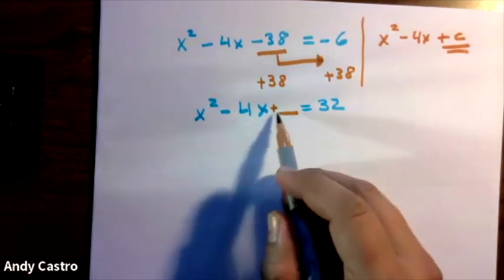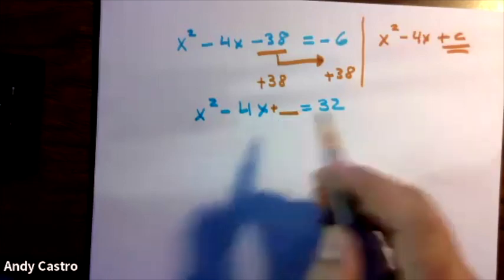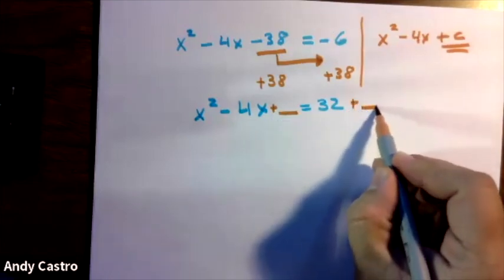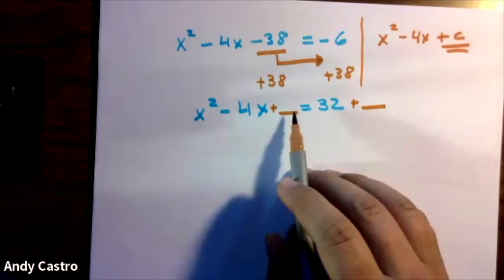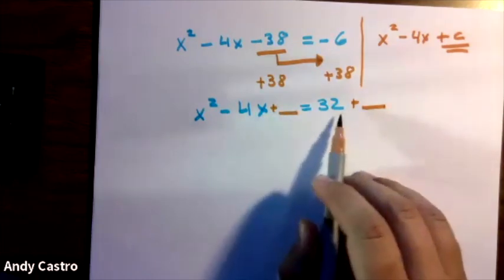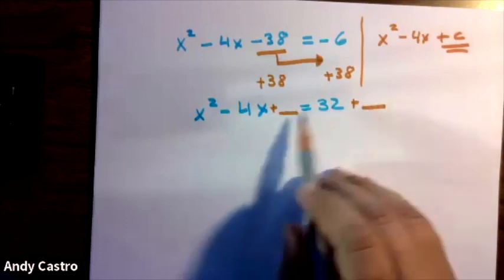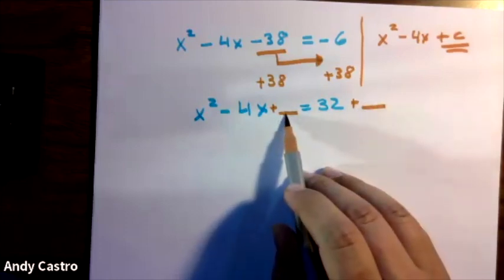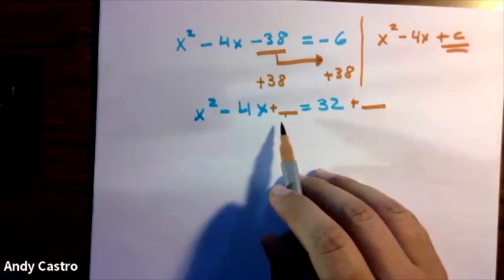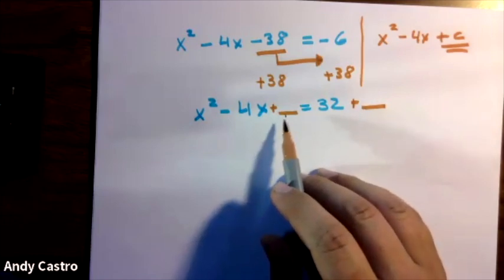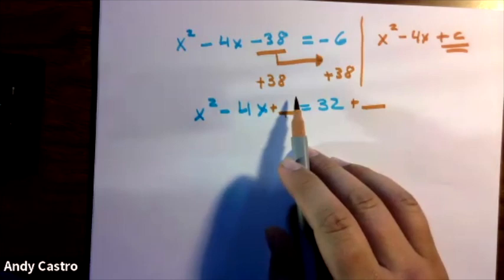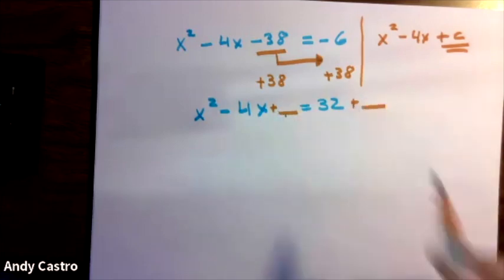Now, if I add something here, I have to add the same thing on the right side of the equation. I can't just add something here and not do anything to this side, right? If I add something here, I need to add it here. Now, I don't know what I'm adding yet because we haven't done the work to complete the square. But once we do, whatever number I put here, I will also put here.